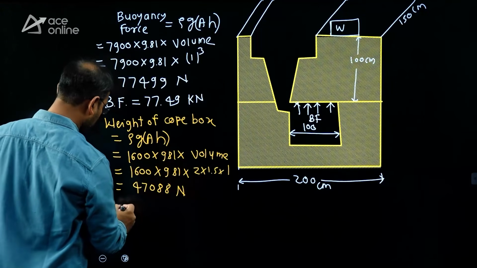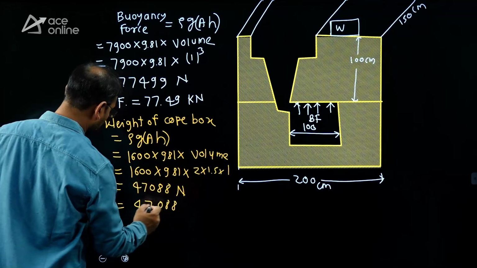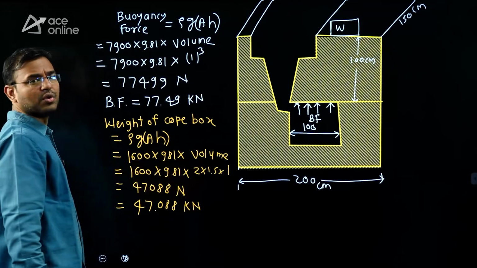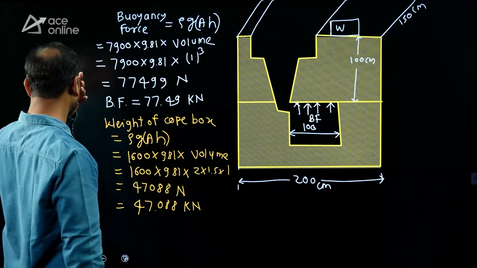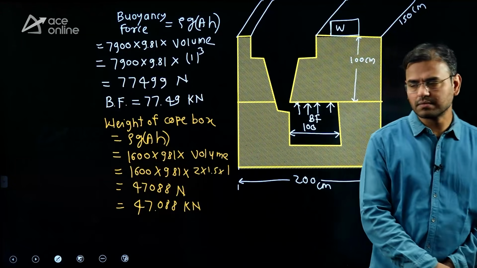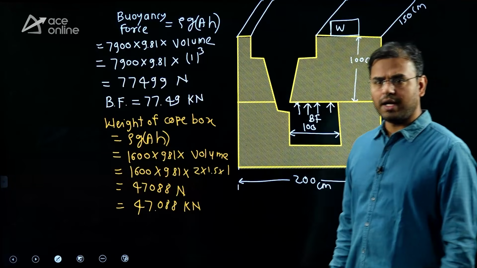But we need to give the answer in kilonewton, that is 47.088 into 10 raised to 3 Newton. And 10 raised to 3 Newton is what here? The kilonewton. Okay, please solve this. Okay, give the answer.